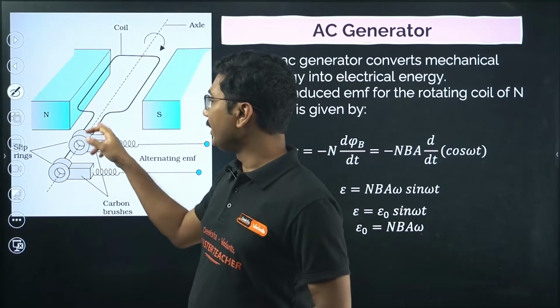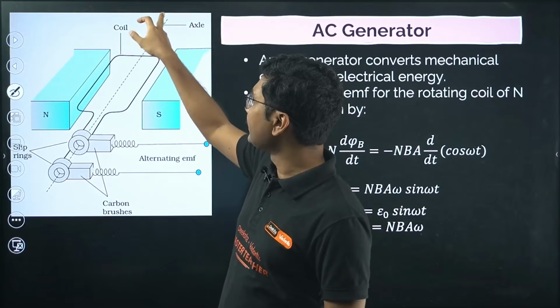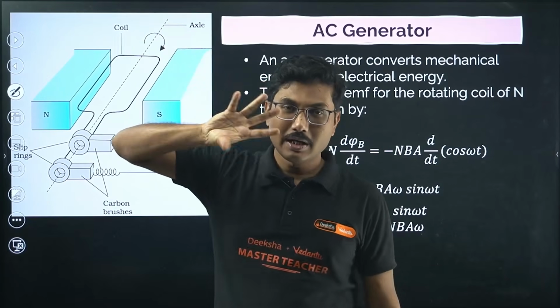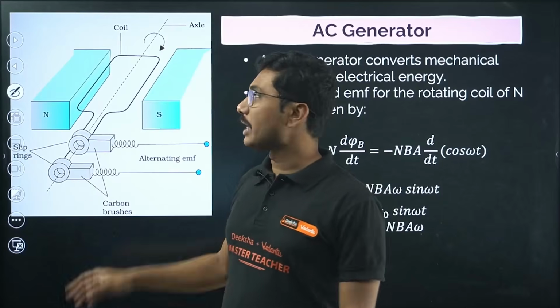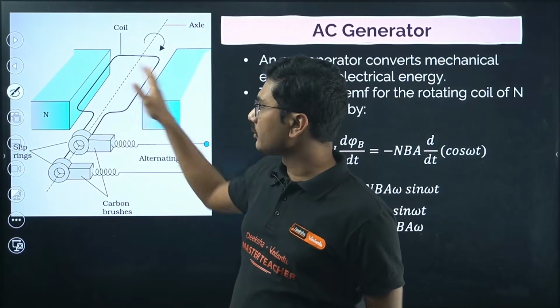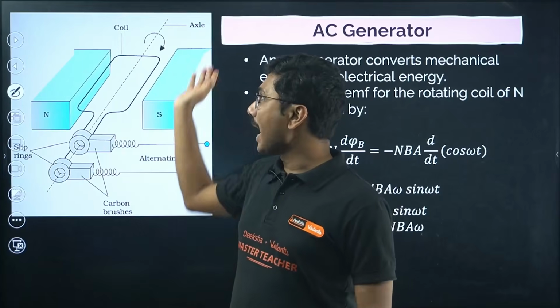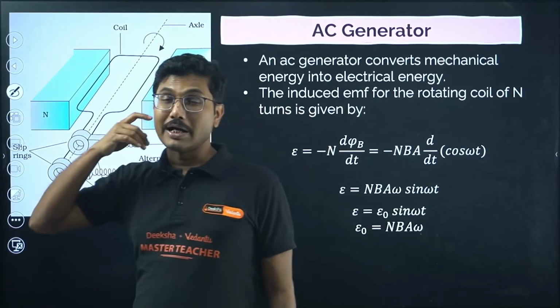Turbine is basically the blades of this coil. Okay, this is the axle and this end is connected to a turbine. Turbine is the rotating fan. Now when you allow the water to flow through that fan, this coil rotates, and based on the strength of the magnetic field and the strength of the water flow, you are getting hydroelectric power.